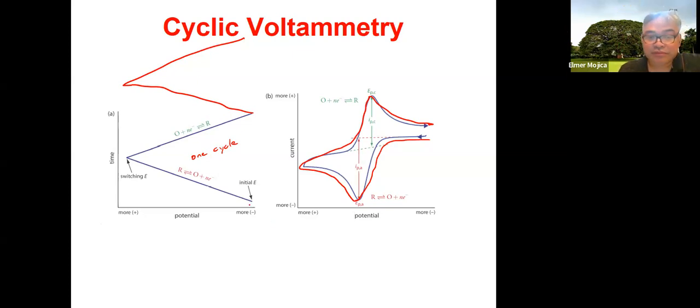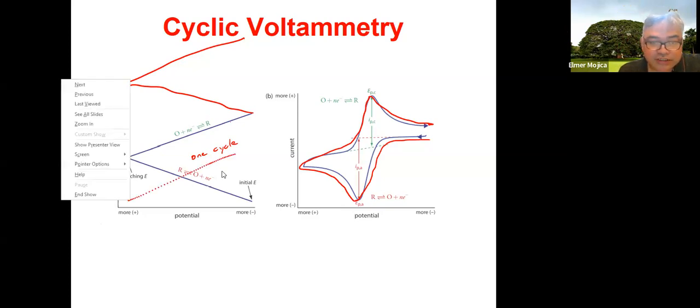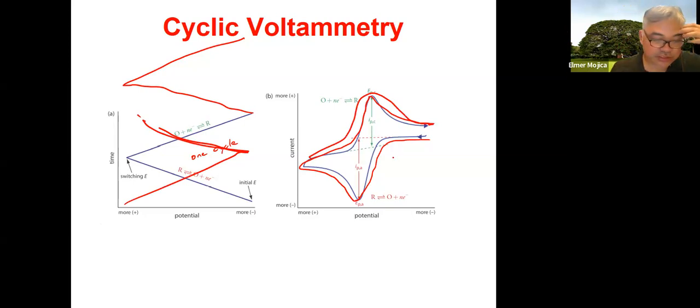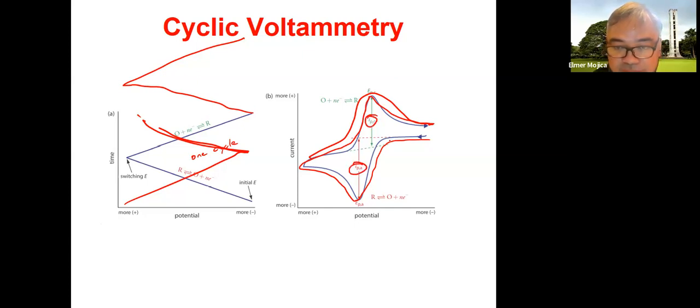Now you can start from here, going there, or you can start the other way around. So what will happen? If you do it like this, going here, you reverse the reaction. As you can see here, you have a peak current: IPC here, and IPA. What would that mean?